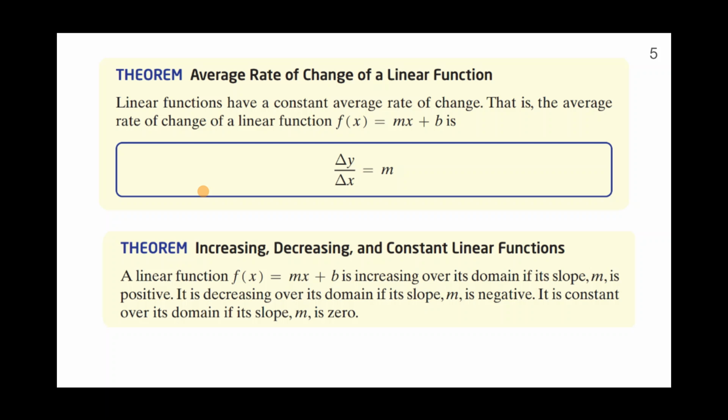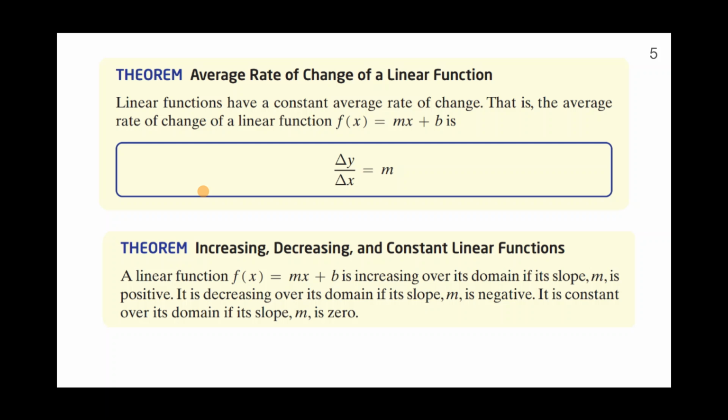Theorem: increasing, decreasing, and constant linear functions. A linear function f of x equals mx plus b is increasing over its domain if its slope m is positive. In other words, if you have a linear function with a positive slope, then as x increases, y increases. It is decreasing over its domain if its slope m is negative.